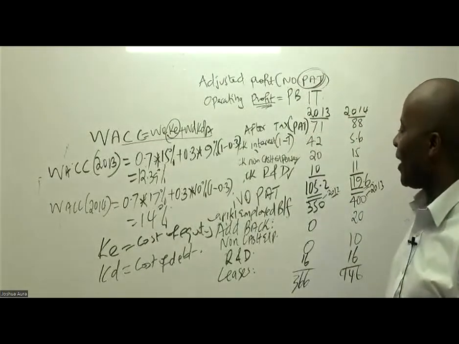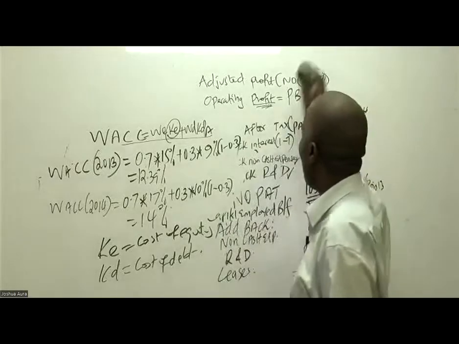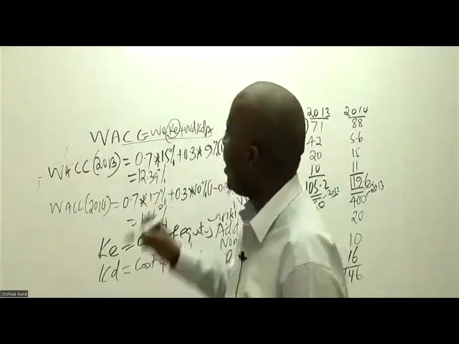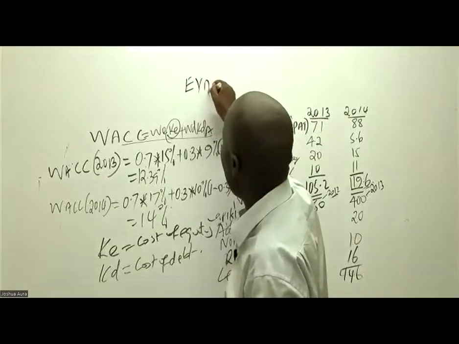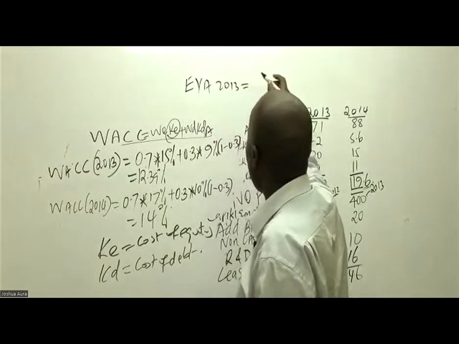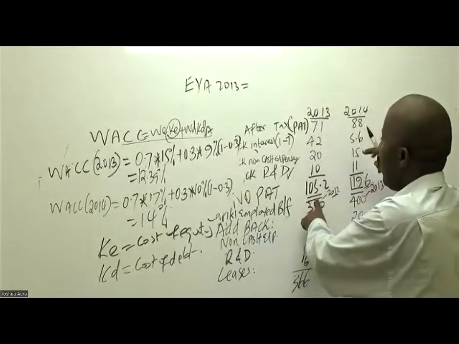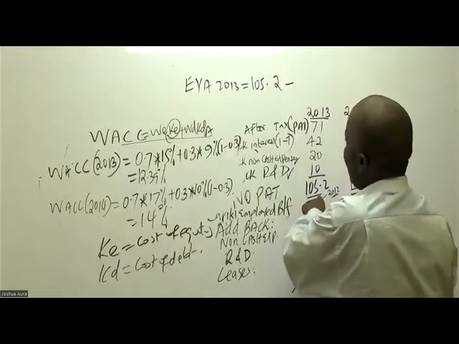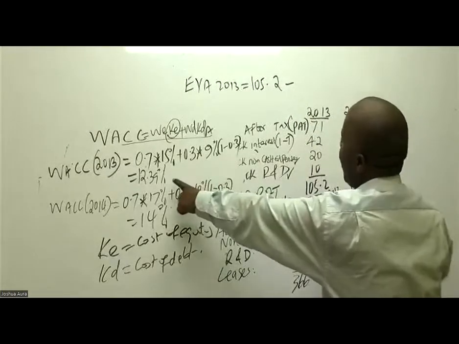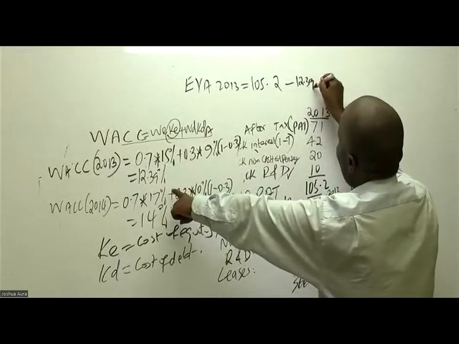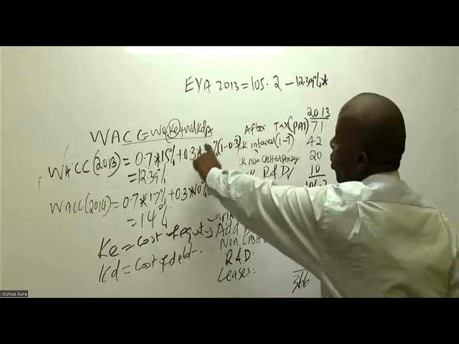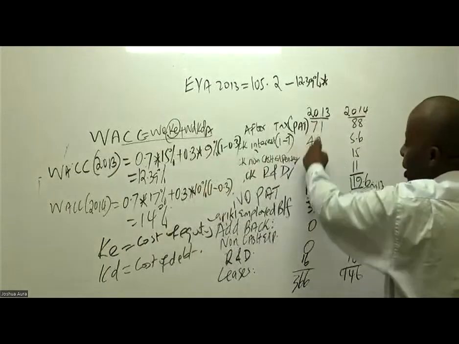Now, ladies and gentlemen, after that, we should be able to get what we call EVA. So EVA for 2013: it is NOPAT, which is 105.2, minus WACC of 2013, which is 12.39%, multiplied by the capital employed in 2013.